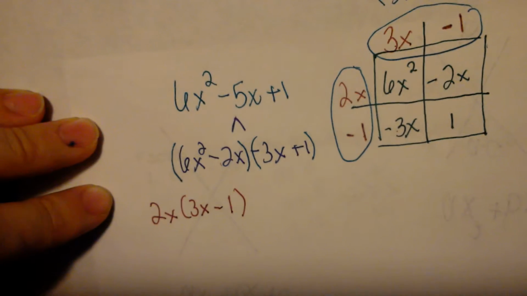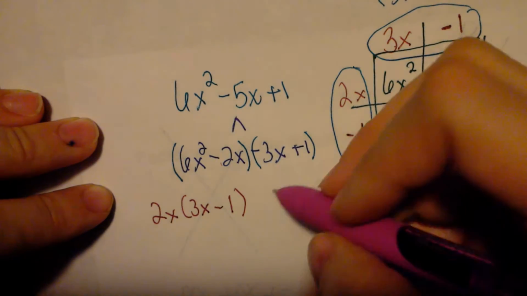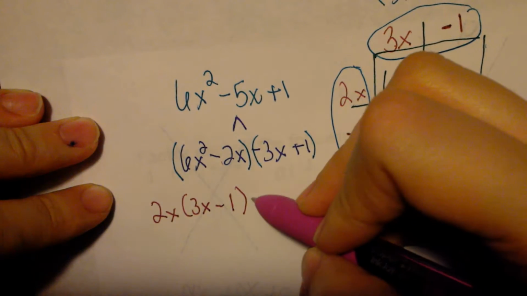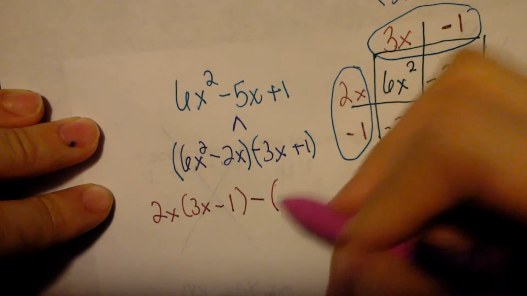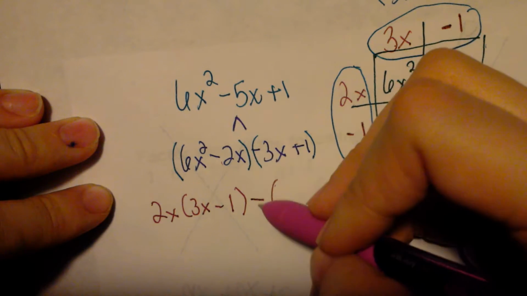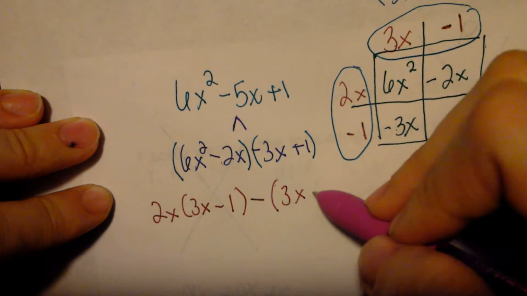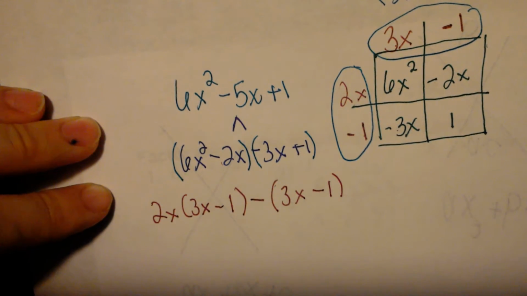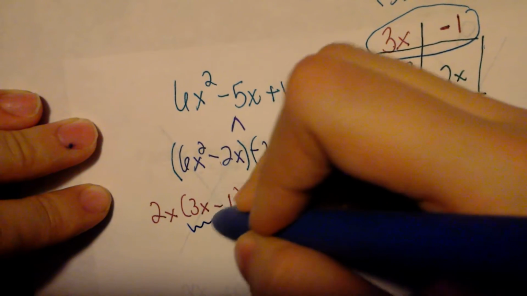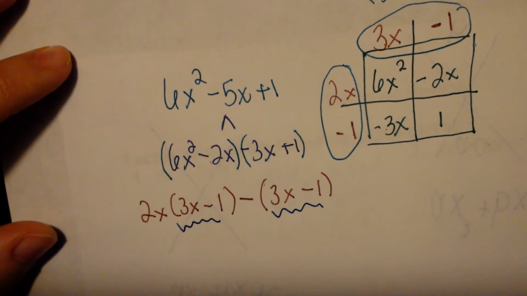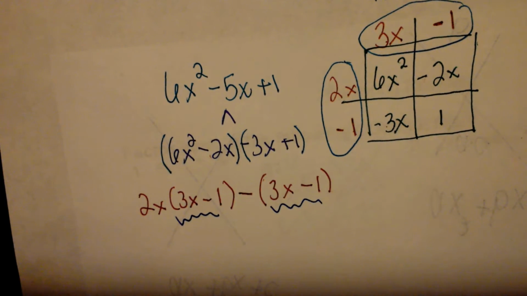The second one, if the first coefficient is negative, I have to take a negative out. So -3, I took a negative away, so now it's +3. A positive, I took a negative away, now it's negative. So I need the same thing in my parentheses. I have to have the same factor. If I don't have the same factor and I cannot make it the same factor, it's not factorable.